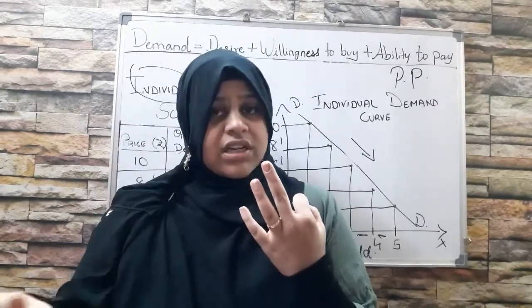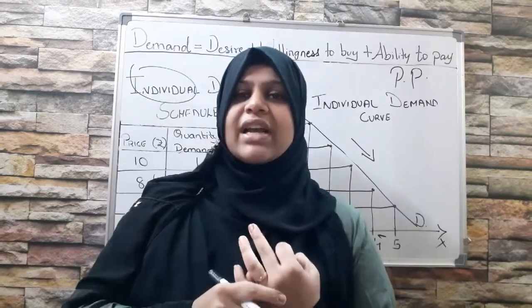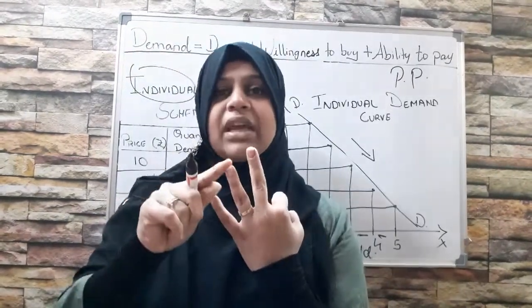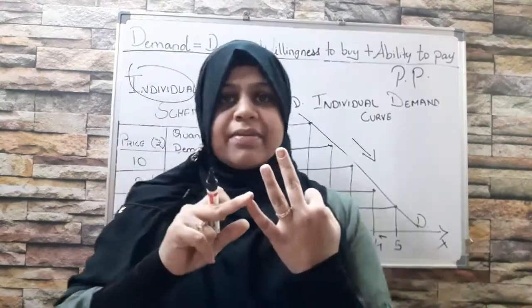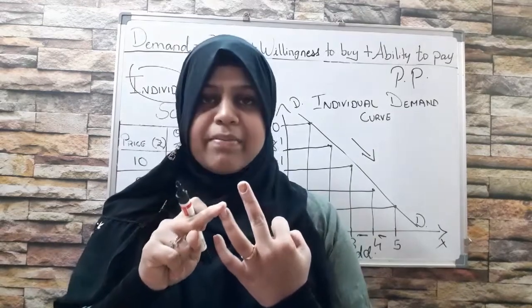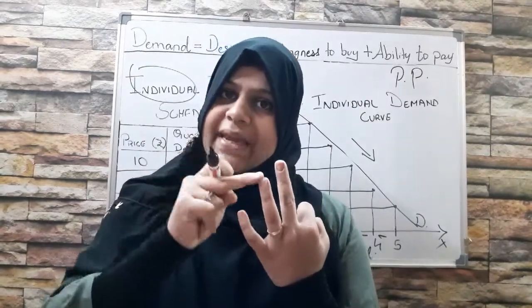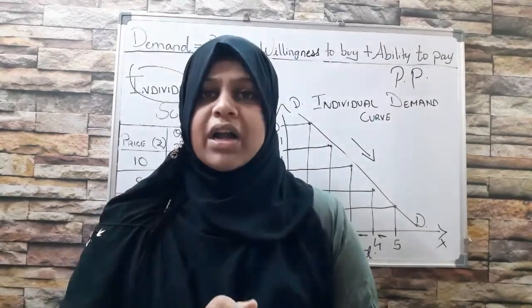But because economics is based on assumptions, the textbook says that in a market there are only 3 consumers, A, B and C. At this particular price, A is demanding something, B is demanding something, C is demanding something. So when you add A, B and C, the answer that you get is simply the market demand.